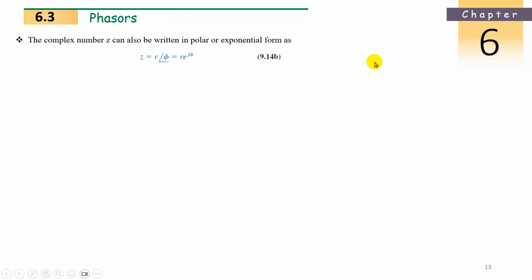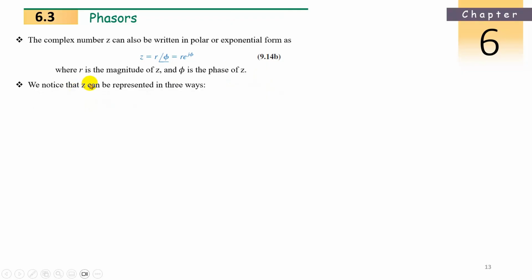Both are the same, both are in polar format only. In polar format we have the angular form and the exponential form, and in both, phi is the angle. Here r is the magnitude of z, the square root of x square plus y square, and phi is the phase of z, which is tan inverse of y by x.